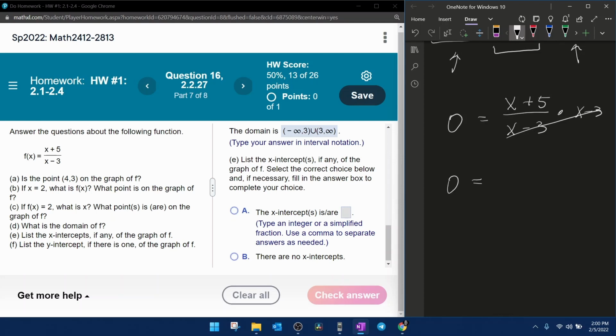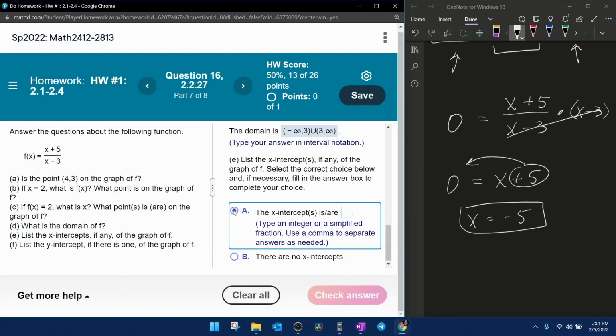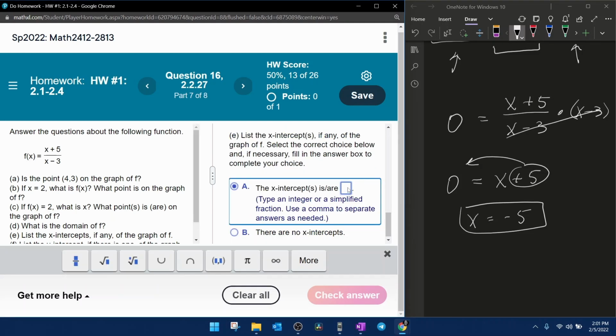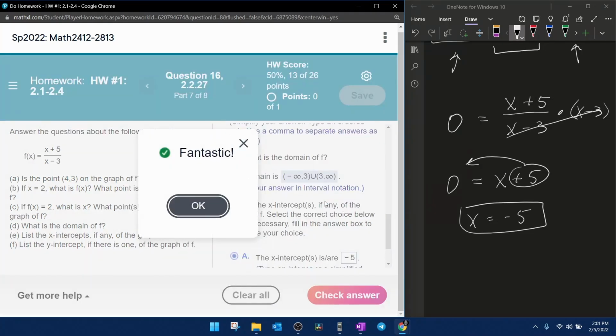So I did multiply both sides by x minus 3. It's just that the left-hand side is going to remain 0. And then moving the plus 5 over, we're going to get x is negative 5, and that's going to be the x-intercept. So the x-intercept is, it just wants the x-coordinate. It doesn't say to input as an ordered pair. There we go.